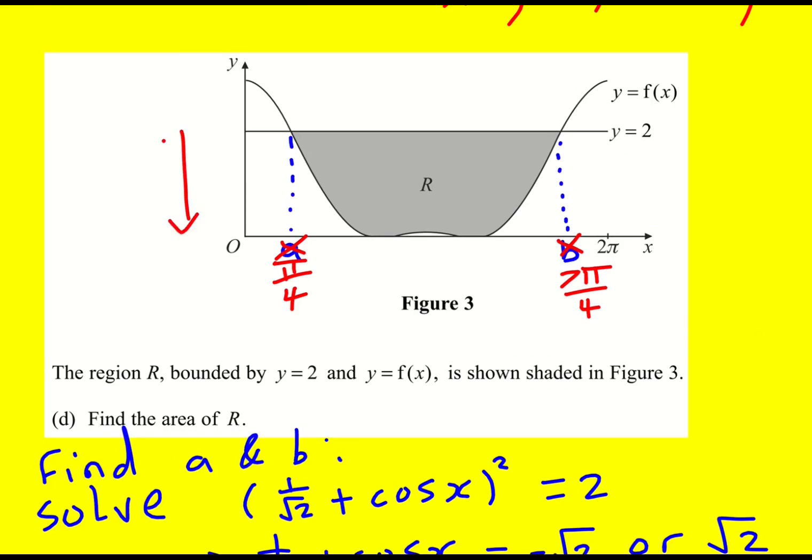I've got a rectangle then with height 2 and base 6 pi over 4, which is equivalent to 3 pi over 2. And so the area of the rectangle is going to be 3 pi.